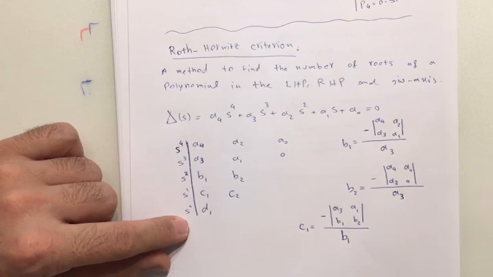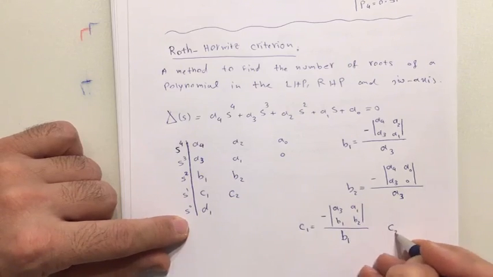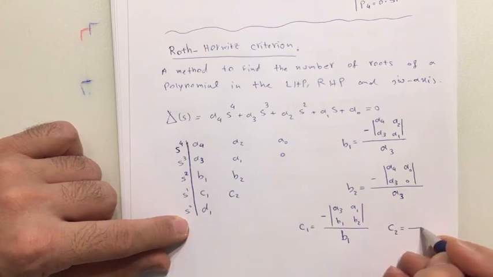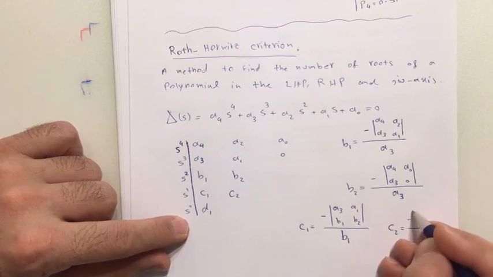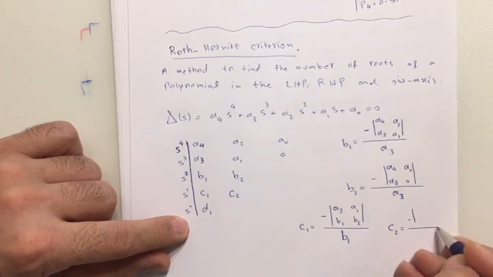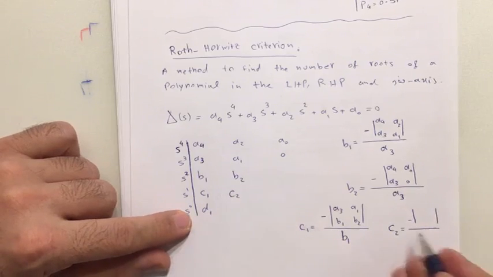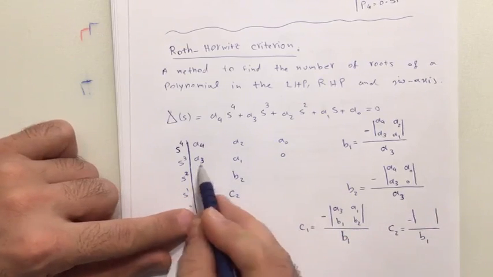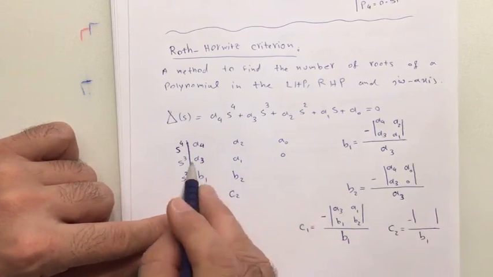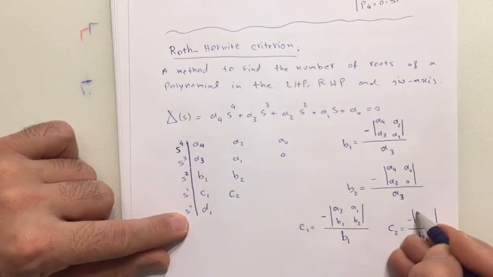Okay. What about C2? If you remember, I said that I will show you that C2 is 0, but let's see why it is 0. For C2, again here in the denominator we have B1, and the first column would be the first column in the 2 previous rows. It would be A3, B1.